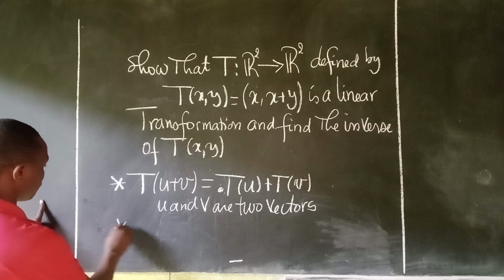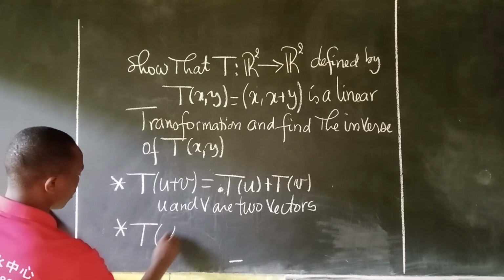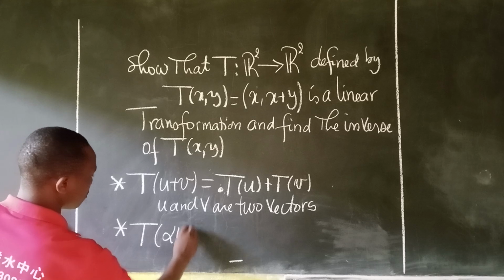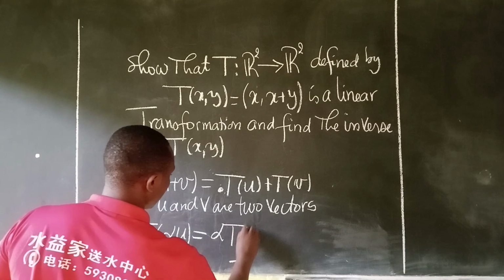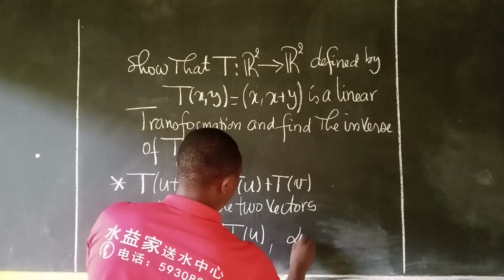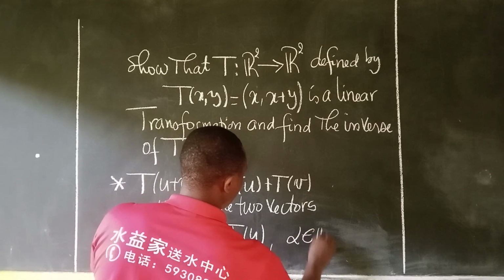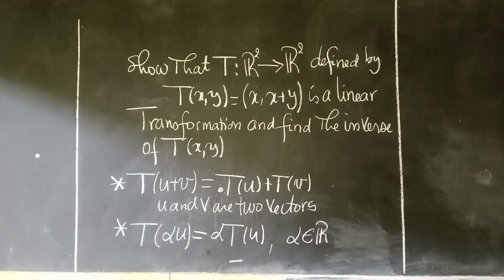Property 2, we verify that T(alpha u) is equal to alpha T(u). Here alpha is a constant. Let's verify those two properties now.